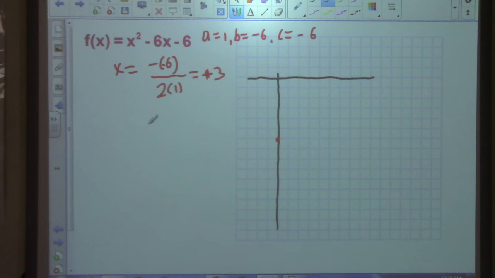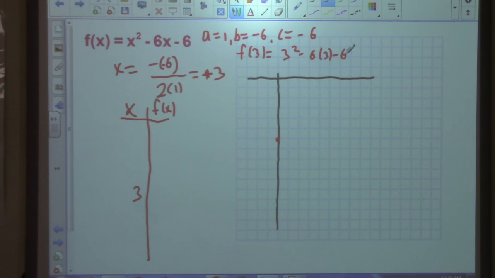So now, for a table, we can go x, f of x, and we can put 3 over here. What do we get when we put 3 in here? What's f of 3? We get 3 squared minus 6 times 3 minus 6. So that's 9 minus 18, which is negative 9. Negative 9 minus 6 is negative 15.